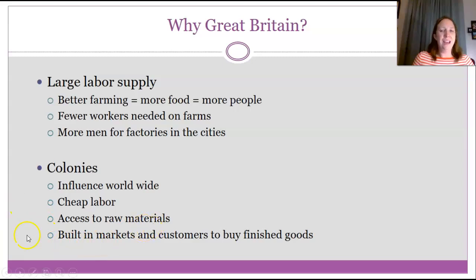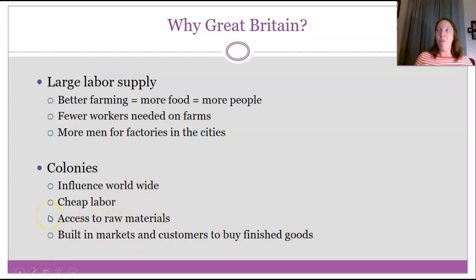They also had access to raw materials. We're going to see in a minute that Britain does have access to things like coal and iron, but by having control over these colonies, they also had access to some silks and some bronze, cotton in the Americas, gold, and much, much more. So that's what we call raw materials.